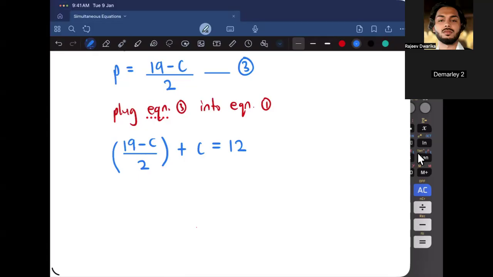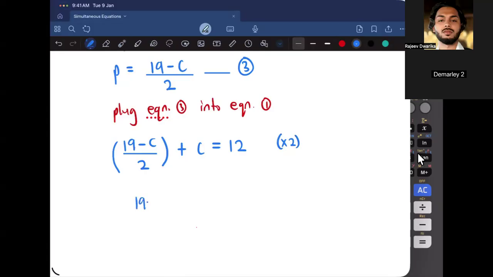Yes. But since we have one fraction, you could just do this. You know how to do that if you have 2 fractions in the equation, but you just have one. And so you have 19 minus c divided by 2. So what's the opposite of divided by 2? Multiply. So you should probably multiply everything by 2.